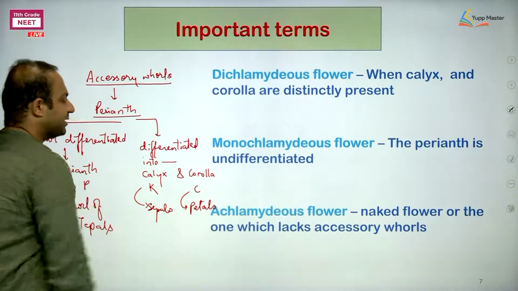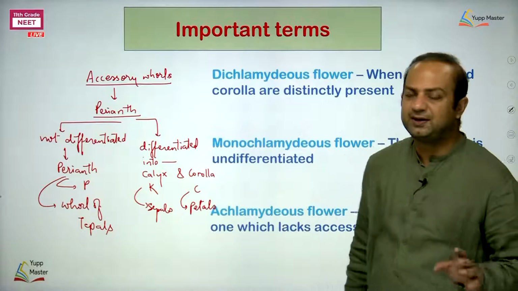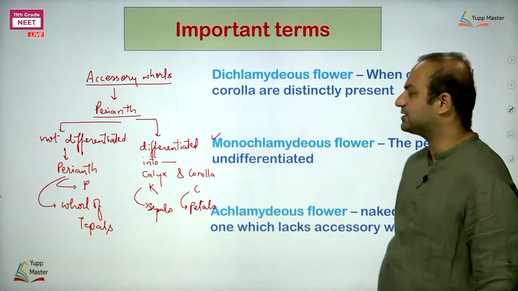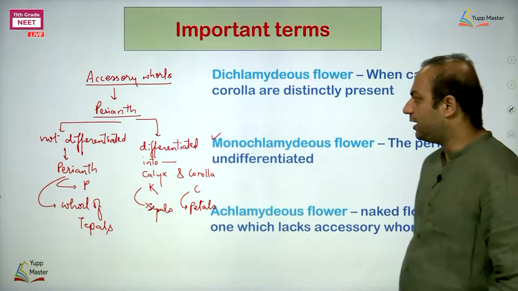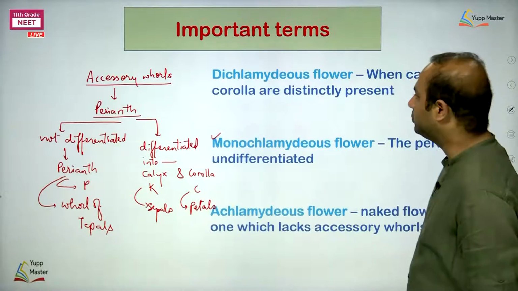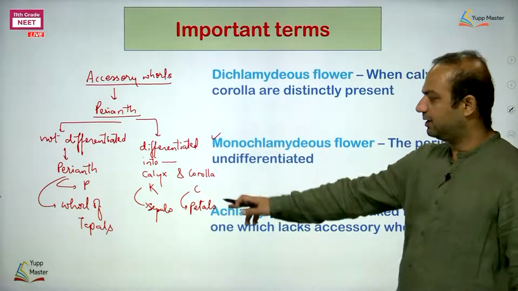So listen to this carefully. There are possibilities where the perianth is not differentiated. That type of example is called a monochlamydeous flower. And if the perianth is differentiated into calyx and corolla, then we call it a dichlamydeous flower. Getting my point?